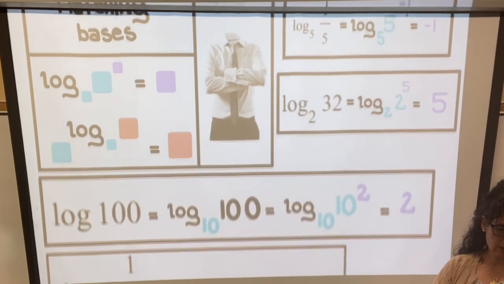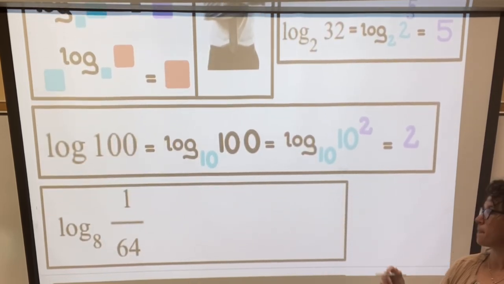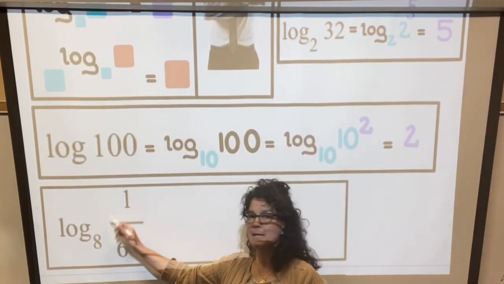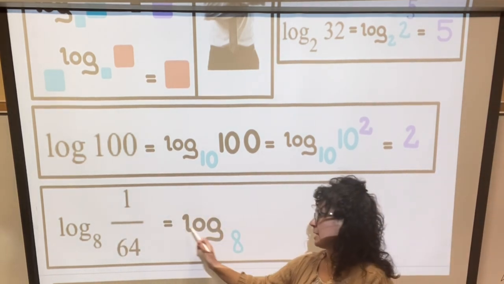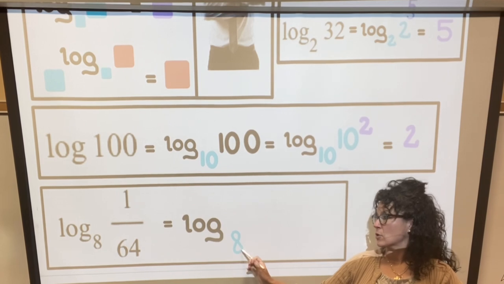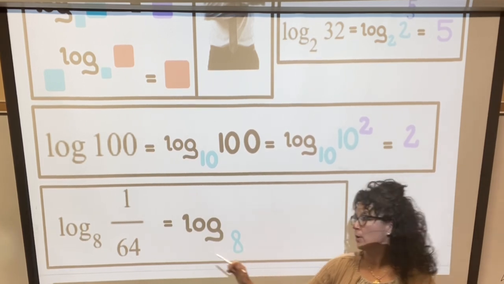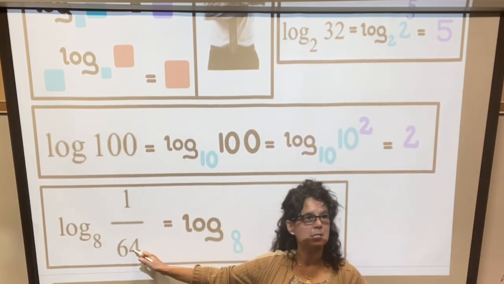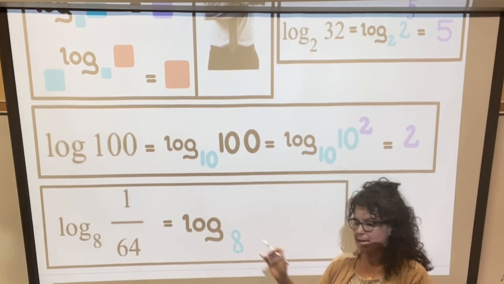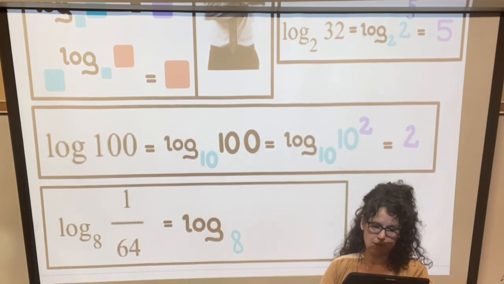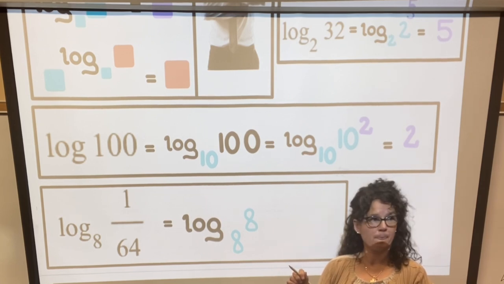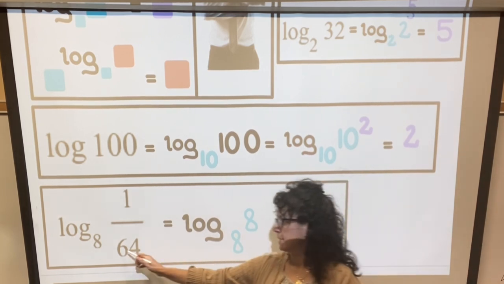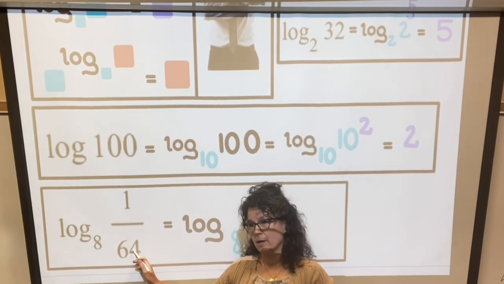Okay, so let's look at another one here. Log base 8 of 1 over 64. So I'm gonna have to keep base 8. So how can you rewrite the number 1 over 64 as 8 to the power of something? Well, 64 is 8 squared.